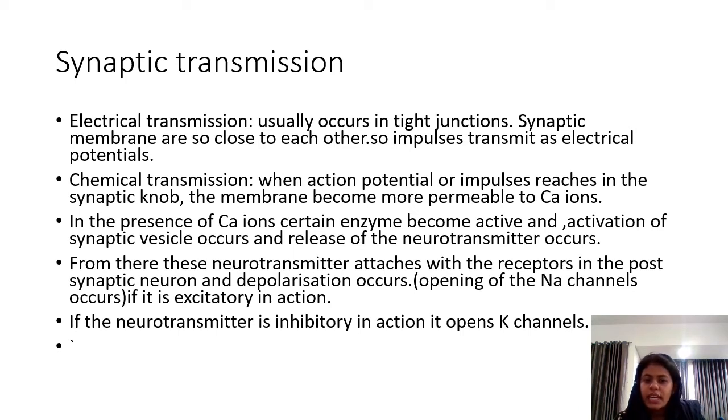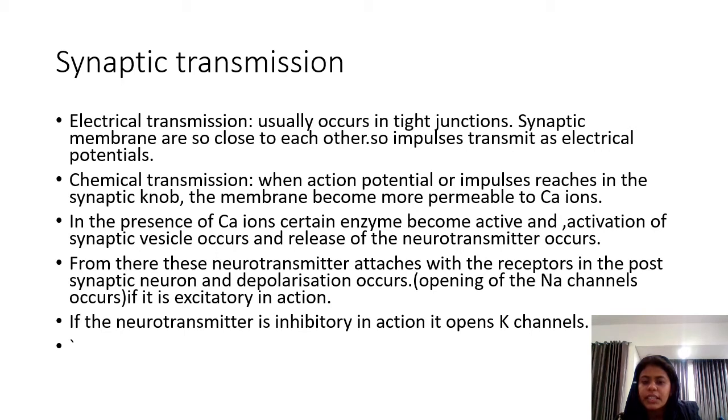Chemical transmission: when the action potential or impulse reaches the synaptic knob, the membrane becomes more permeable to calcium ions. Here in chemical transmission, the impulse from one membrane to another is transmitted as chemical signals. How is it transmitted? When the action potential reaches the synaptic knob, calcium ions enter. In the presence of calcium ions, certain enzymes become active, which activate synaptic vesicles, which release neurotransmitter.